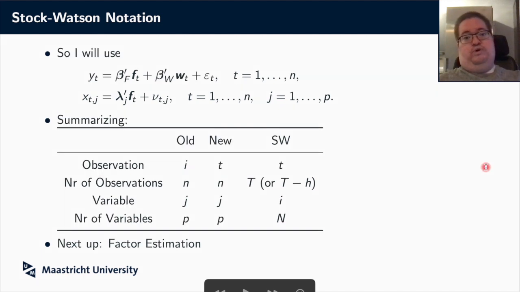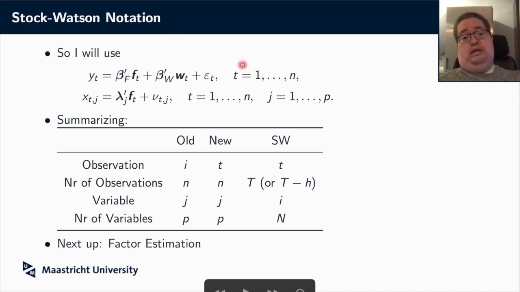So to round up, this is how I'm going to write it in the following lectures. I'm going to write yt, and I'm going to say that t goes from 1 up to n. These are our observations. And I'm not going to be bothered by doing forecasting h periods ahead. As I said, you could just always modify the model to allow for that. It's not important when we discuss it. And also note that even though I use t, we do not necessarily need this to be a time series model.